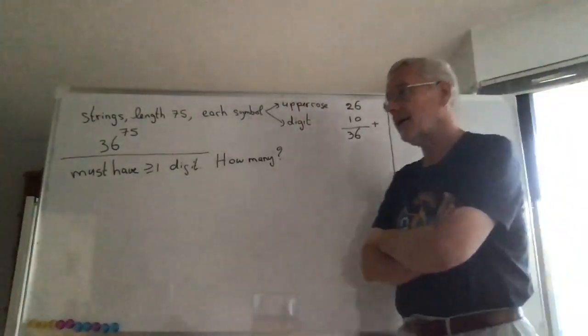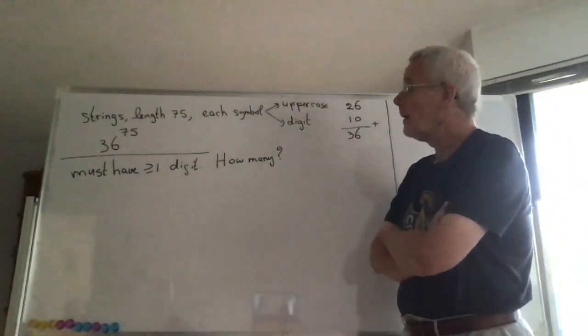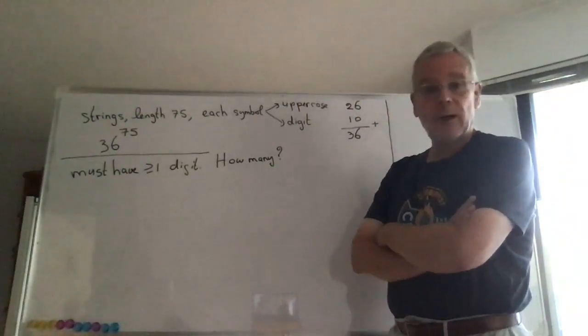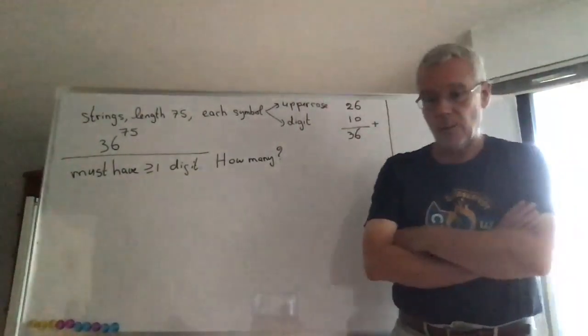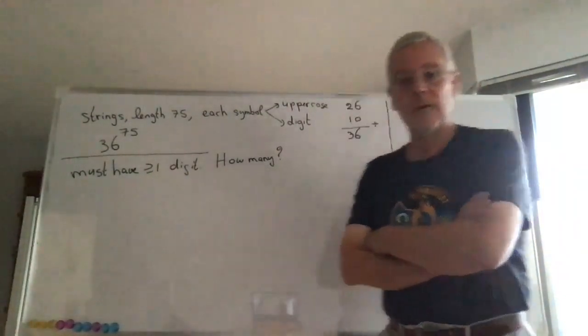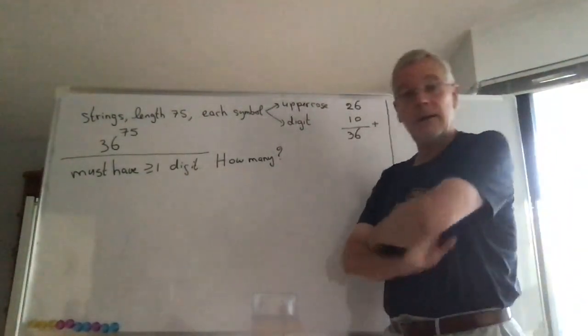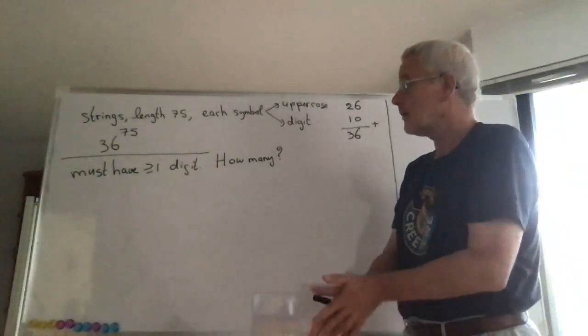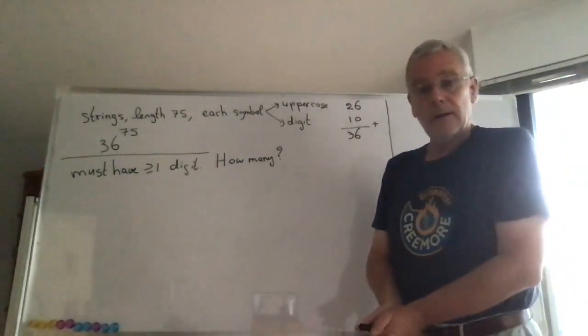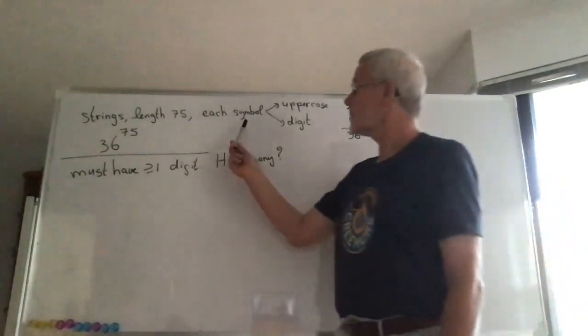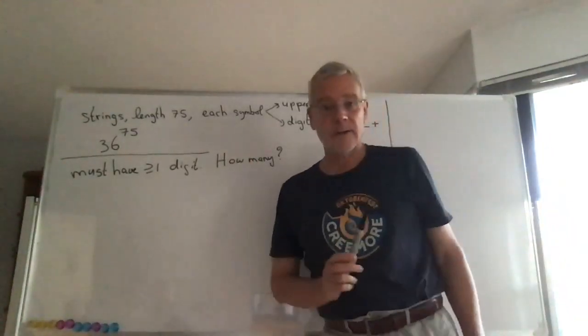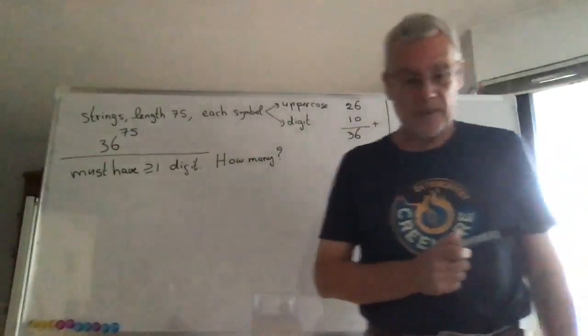Now a first idea would be to say, well, if there is at least one digit, that means the number of digits is exactly 1 or exactly 2 or exactly 3, etc., or exactly 75. So one idea would be, first we count the number of strings of this type that have exactly one digit.